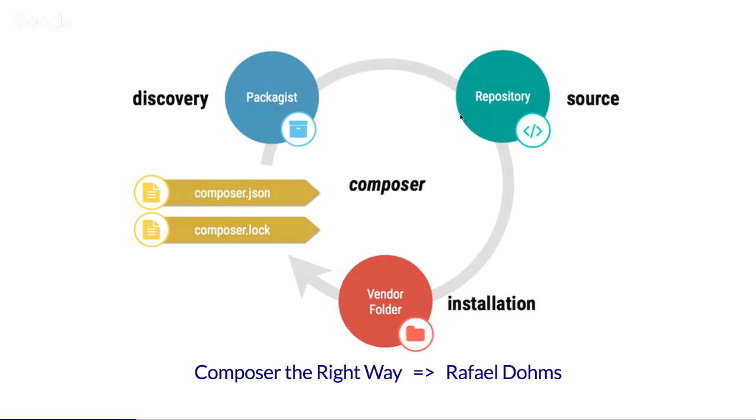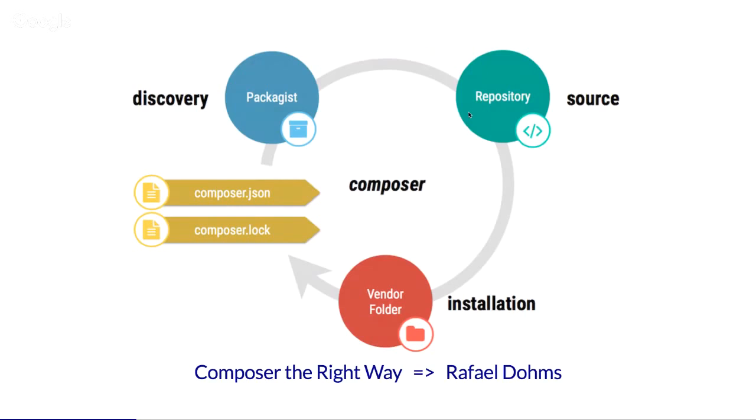And then finally, Composer takes care of downloading all those dependencies into the vendor directory. It resolves any conflict between the different dependencies you are requiring and installs those into your vendor directory. The very last part of the process is to create a composer.lock file.